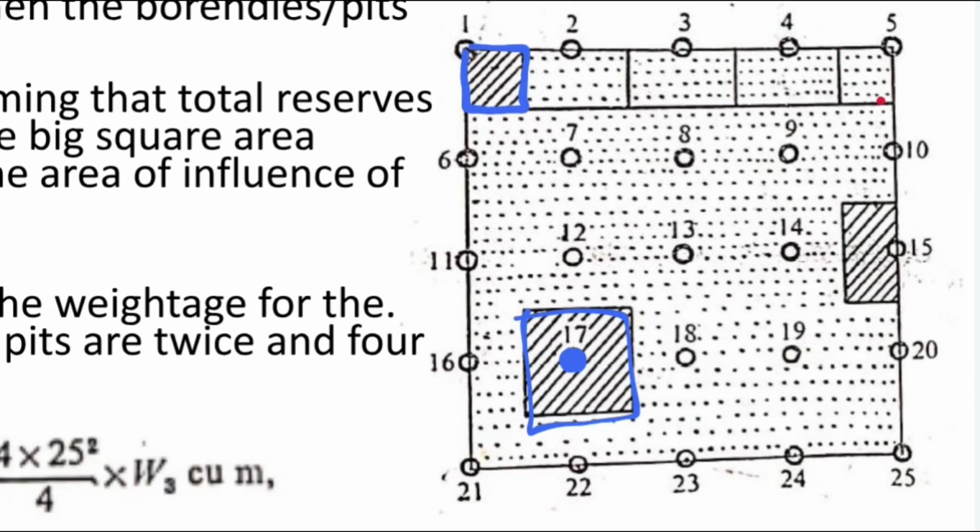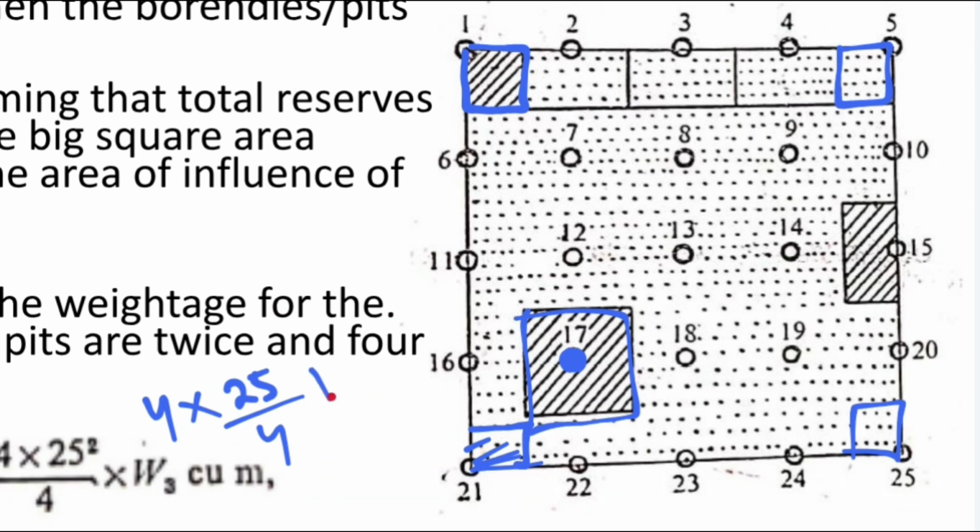Likewise for this one only, and this one only. So there are 4 boreholes which have an area of influence of 25 square meter by 4.